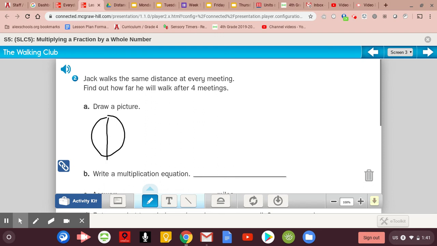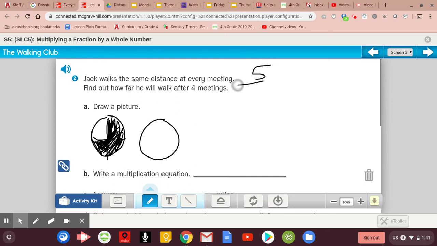So I need to divide this into 6. 1, 2, 3, 4, 5, 6. And I know they're not perfect. That is okay. There's 3, 4, and 5. So that's 1 meeting. Another meeting, we need 5/6 more.